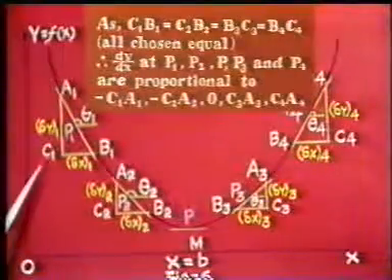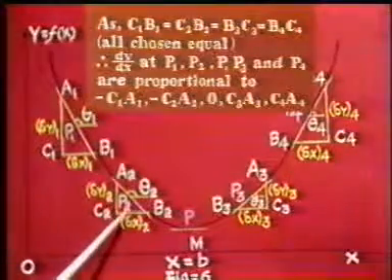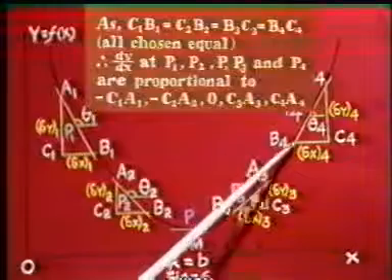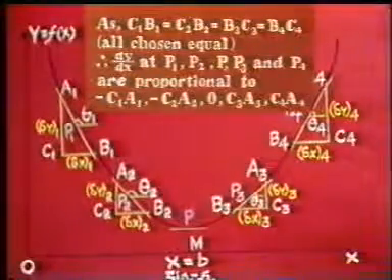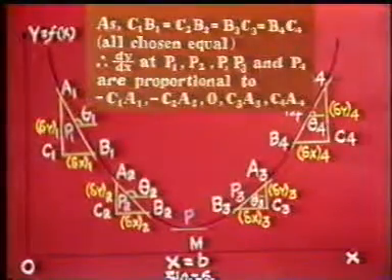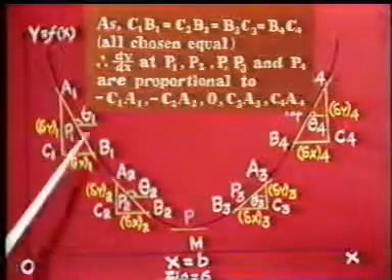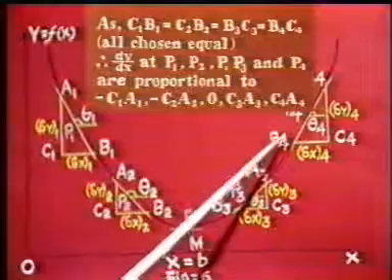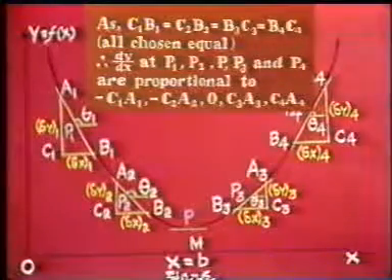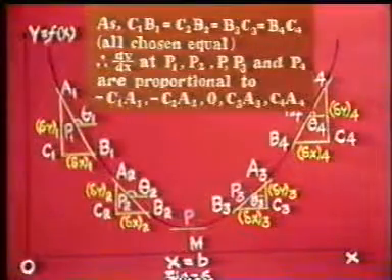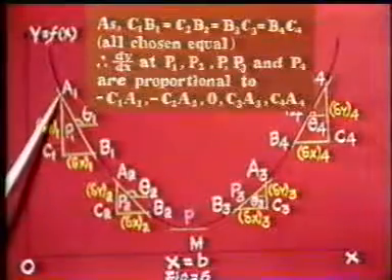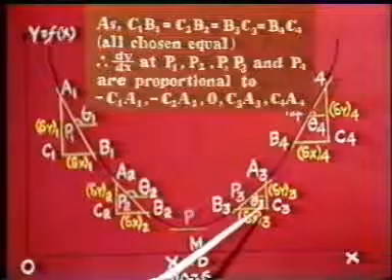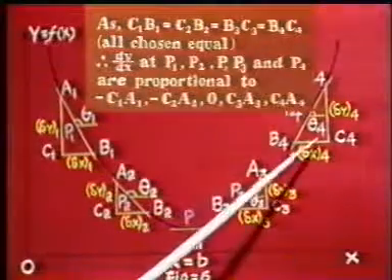As C1B1 is equal to C2B2 is equal to B3C3 is equal to B4C4, all chosen equal, therefore dy upon dx at P1, P2, P, P3 and P4 are proportional to minus C1A1, minus C2A2, 0, C3A3 and C4A4.